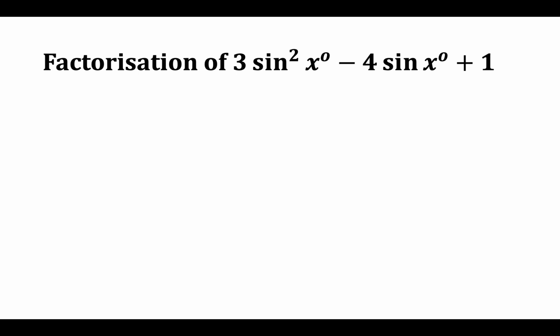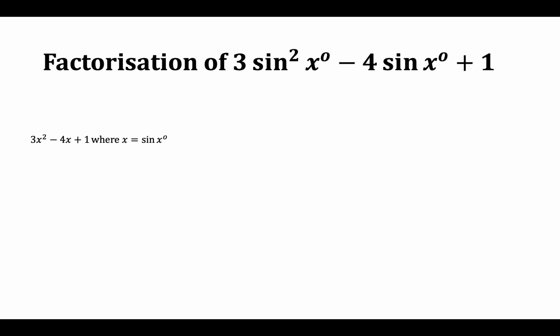If we want to factorise 3 sin squared x minus 4 sin x plus 1, I'm actually going to use 3x squared minus 4x plus 1, because I'm sure most of you will be more familiar with that. I have substituted all of the sin x's with an x, just to make the factorisation slightly easier on the eye, and then we'll substitute sin x back in at the end.